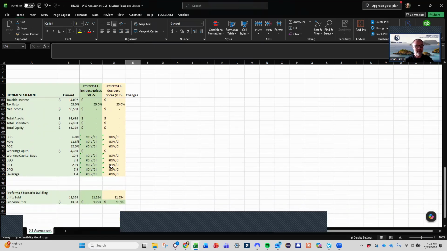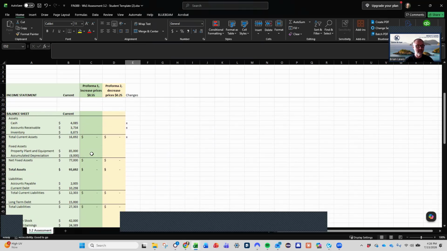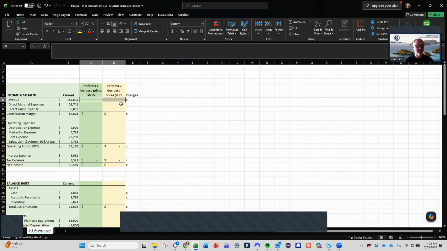But the biggest part is figuring out how to calculate accounts receivable based on the changes in revenue, and therefore revenue per day. So one way to think about it is, let's say this number is, let's make it easy, 175, say $175,000.